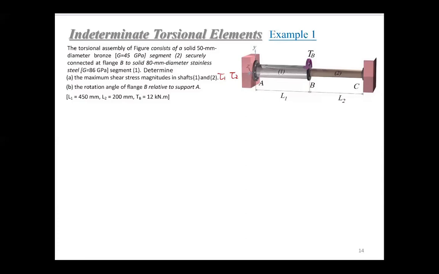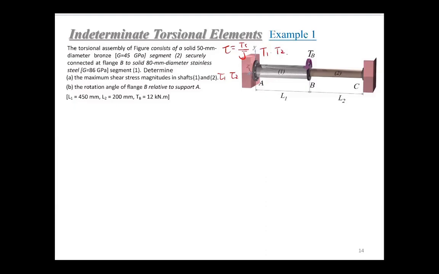How to do this? Of course, tau equals TC over J. T will be a constant, J will be a constant, so just find the largest C value. This is rho max, equals the radius, half of the diameter. So you just need to determine T1 and T2.